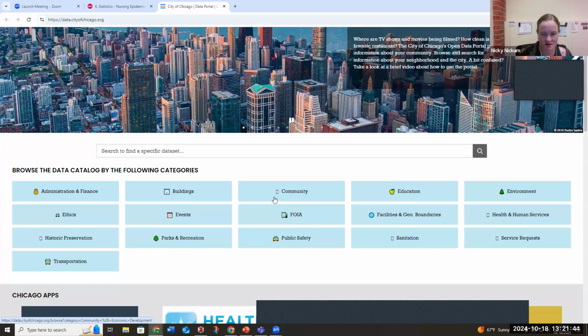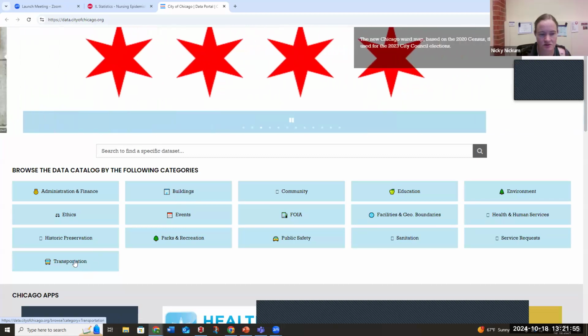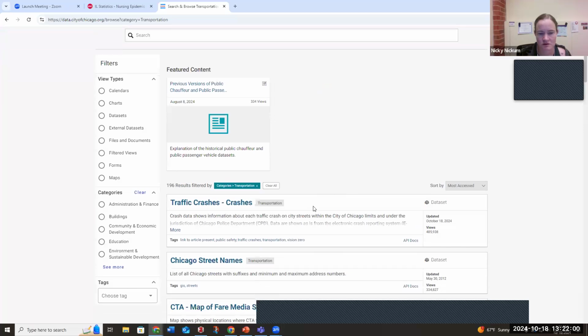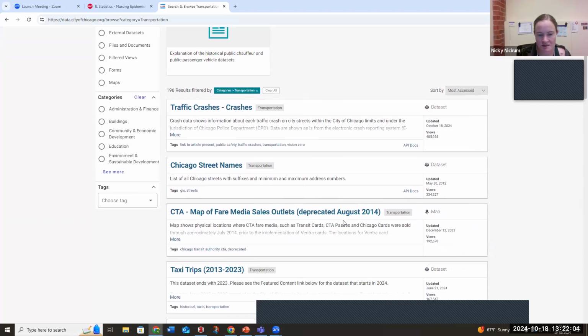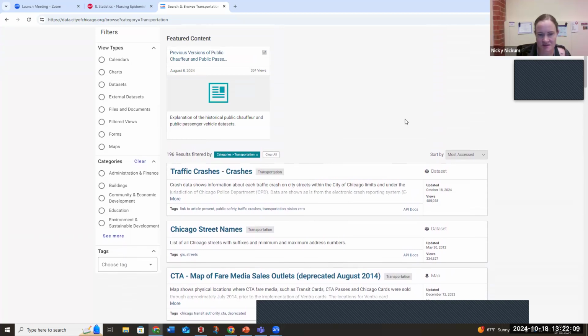This is just citywide. So we look at sanitation, health and human services, buildings, like maybe you're looking at ADA compliance, transportation. So traffic crashes, street names, what's going on to the CTA and taxis. So a lot of data sets here, depending on what you're looking at, can give you a better idea of issues going on citywide.